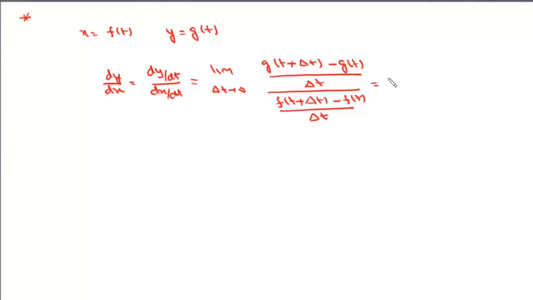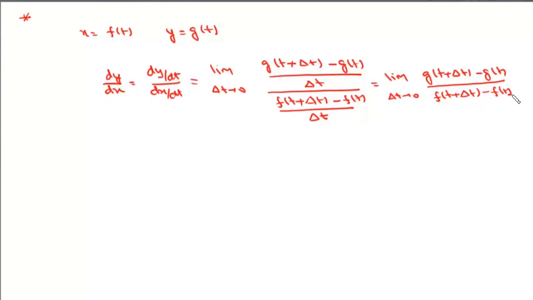So basically we have to find this limit, which is limit delta t tends to 0, of g(t plus delta t) minus g(t) upon f(t plus delta t) minus f(t).